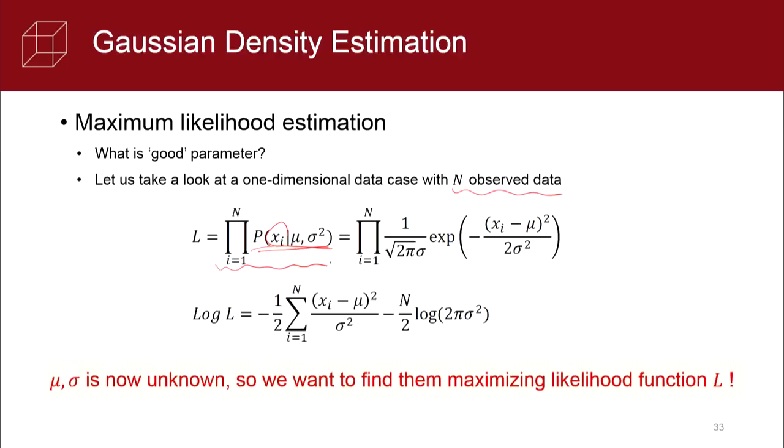That is nothing but this, and that is called the likelihood function. Given that mu and sigma are unknown, we want to find the values maximizing this likelihood function. And the likelihood function is expressed as a product of these probabilities.